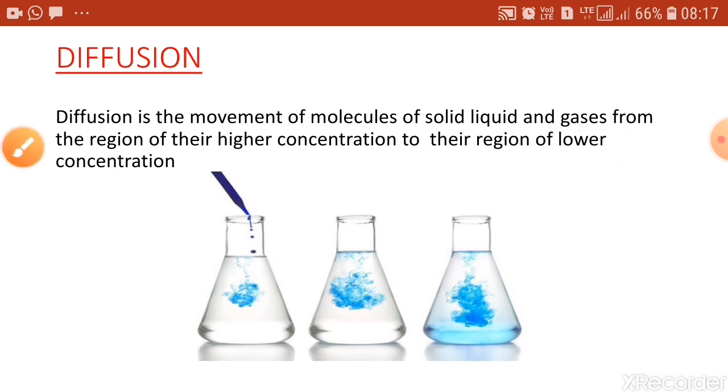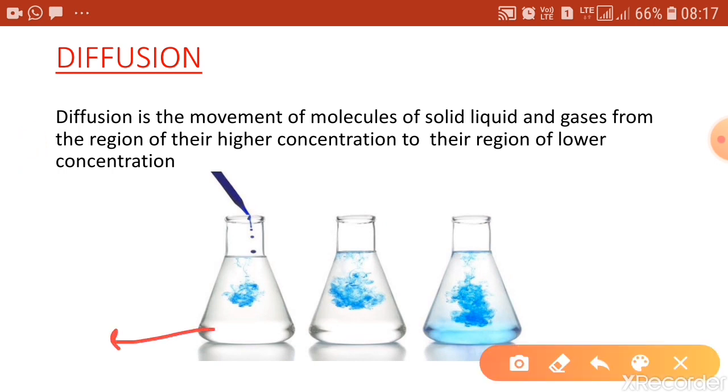A simple activity that can be performed to show diffusion is, suppose you take a conical flask. In a conical flask, if you add some dye like ink, what you find is that the dye first will be present in a particular region. As you drop it, it will be present at a particular region, and slowly this dye starts moving to all sides.